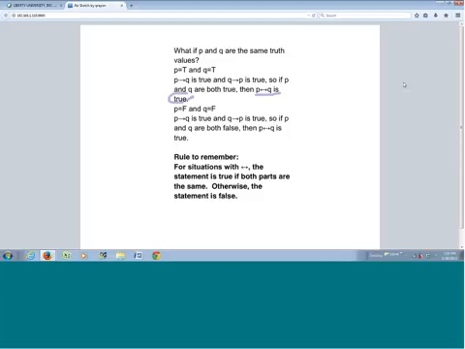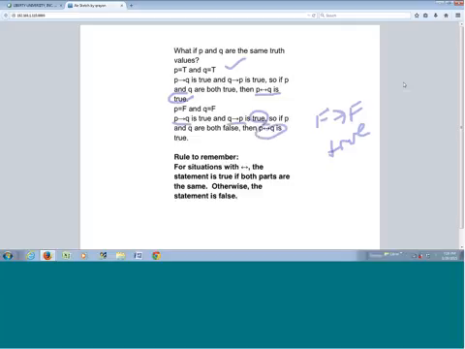Okay, so if they're the same, where I have true, true, then the double arrow is true. What if they're the same where it's false, false? Well, the conditional rule is that false arrow false is marked true. So when you have that here and you have that here, that's true. So that means that the biconditional is true.